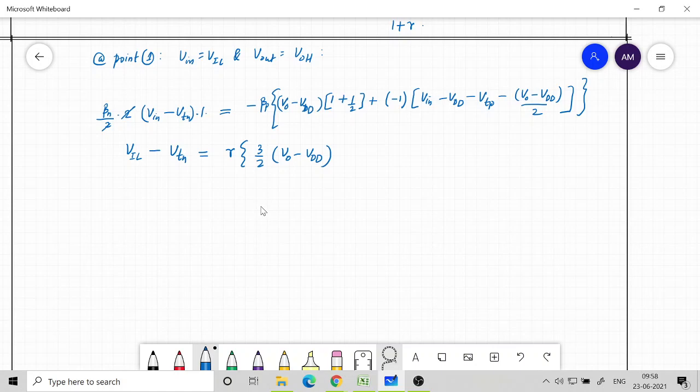Then here V out is VOH. So let us take this minus sign inside and write it as plus VDD plus VTP. That is a constant.